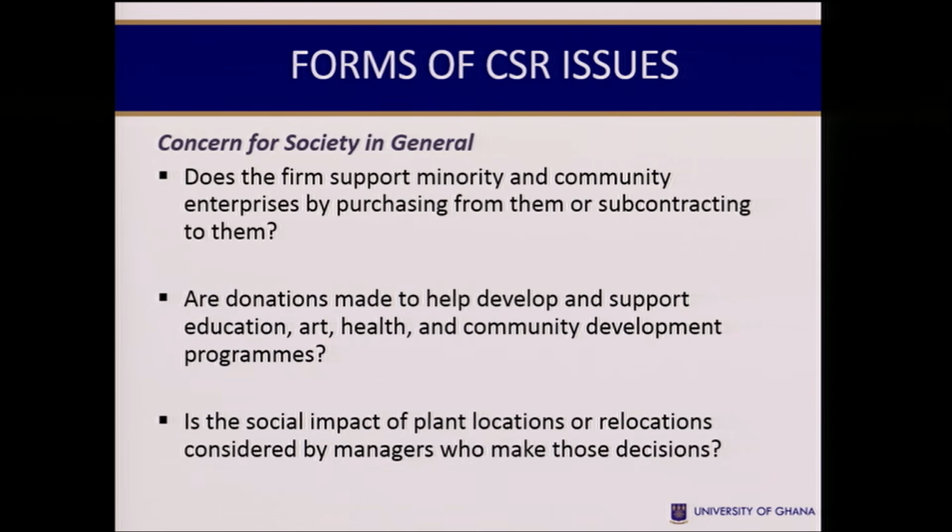So clearly, then, the general society as a whole: does the firm support minority and community enterprises by purchasing from them or subcontracting to them? For instance, our oil industry is an area where a lot of people believe that we should be sourcing from local content or local sources. That is, areas that we are capable of.